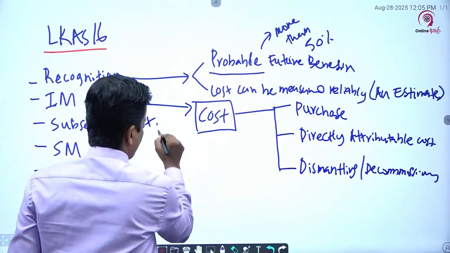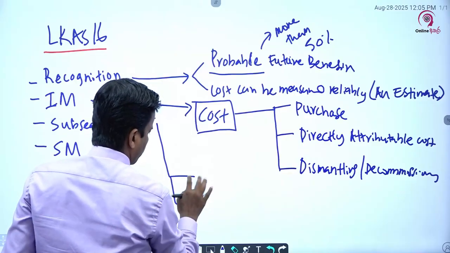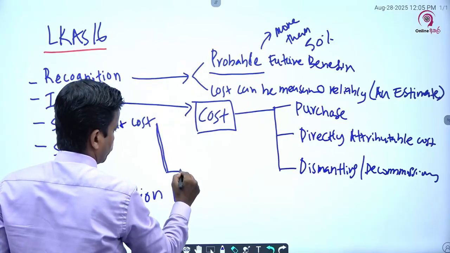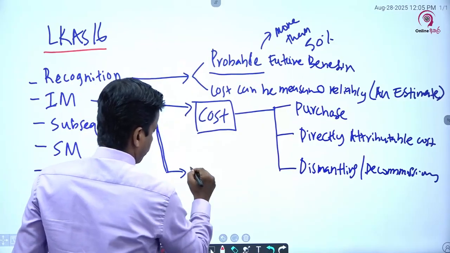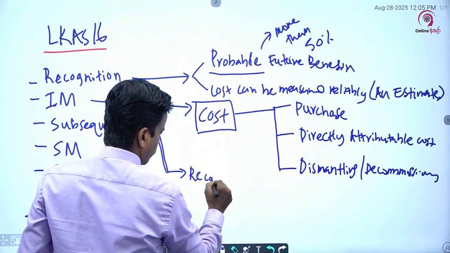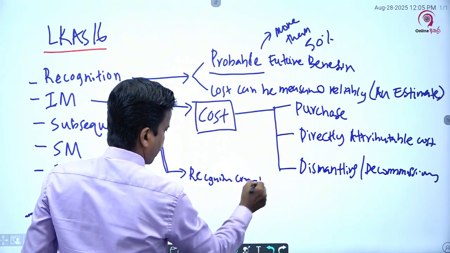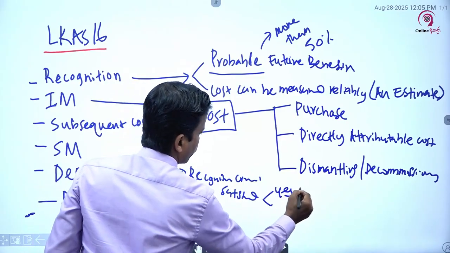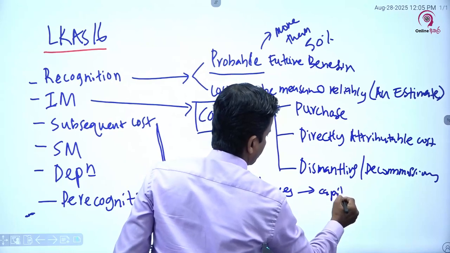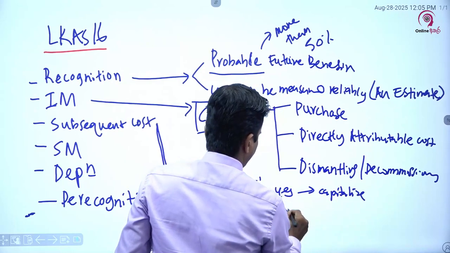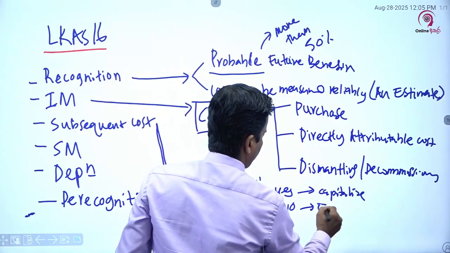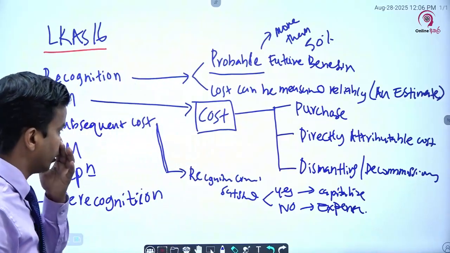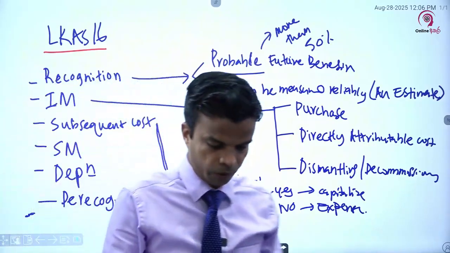So for subsequent cost, ask the question: recognition criteria satisfied? Yes, then capitalize. Recognition criteria satisfied? No, then expense. Right? So that is basically what you should do when it comes to subsequent cost.